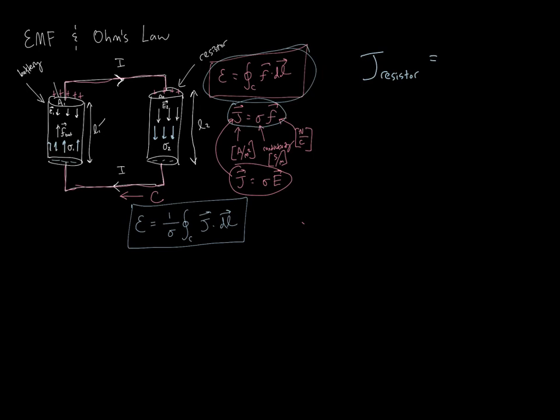This is simply equal to the current that's flowing through the circuit divided by the cross-sectional area of the resistor. And the current density in the battery is equal to the current flowing through the battery, I, divided by the cross-sectional area of the battery.